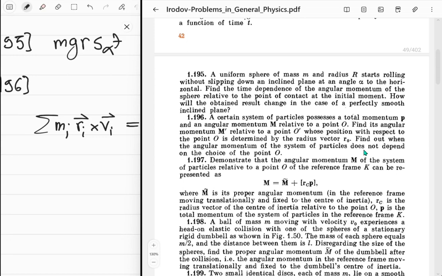Then it becomes really complicated. But if these are stationary, then yeah. Why did they say it in such lengthy language? Determined by the radius vector. Is r naught not changing? I don't think it should change, right?